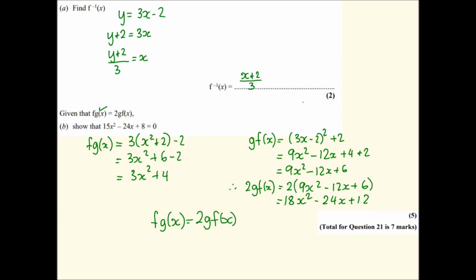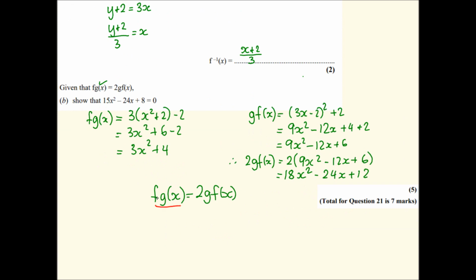So we now know that f of g of x is equal to 3x squared plus 4. So I can just replace it. And we know that 2g of f of x is 18x squared minus 24x plus 12. So I'm going to replace that.